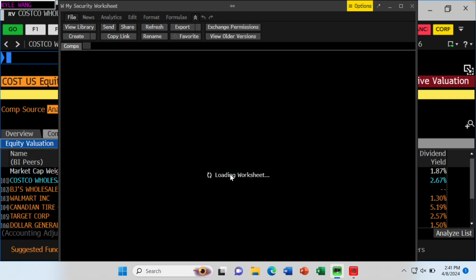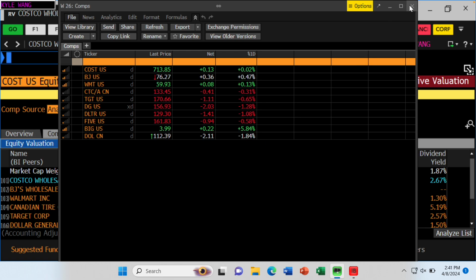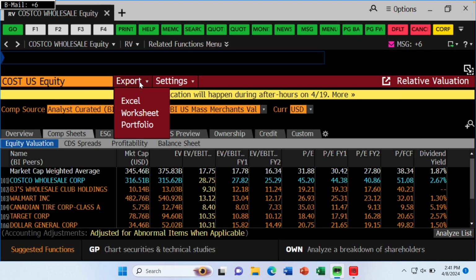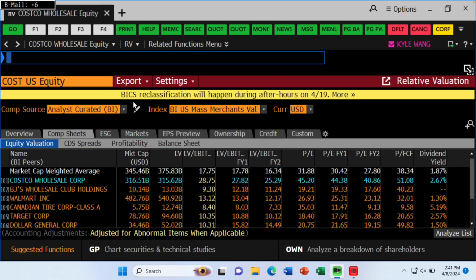Yep. No, I don't want to put it there. Why is it not doing export to... oh, because I was doing export worksheet. Export to Excel. I can't actually click on the right button. Sorry, don't export to a worksheet.